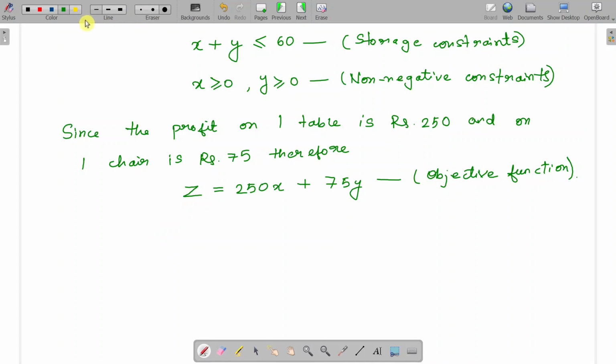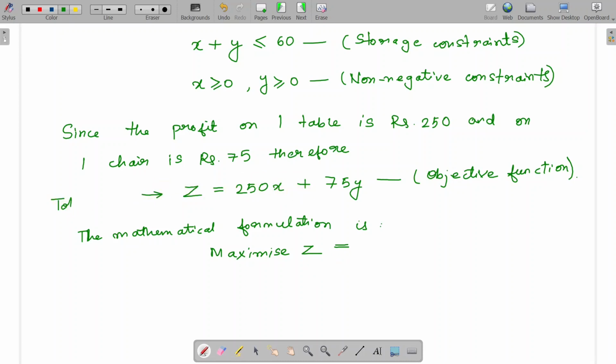Okay, now we will mathematically write the formulation in a proper way. The mathematical formulation is this: maximize z, because we have to maximize the profit. This is nothing but the total profit.